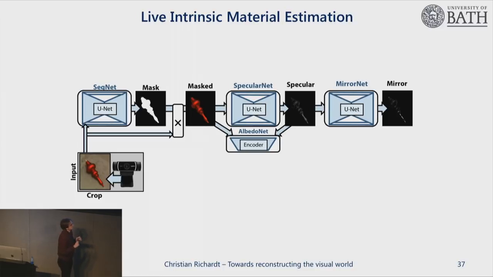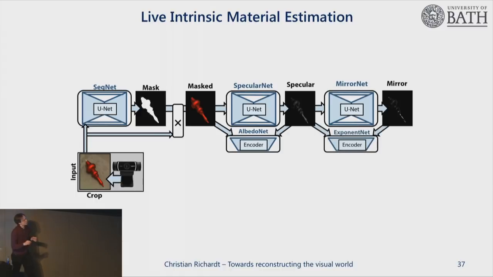In this mirror net, we learn a transformation to an image of a specular version of that material with a very shiny material. So how would it look if it was a mirror, essentially? You can see the highlights are more sharp, and it normalizes out the shininess component of the material model.